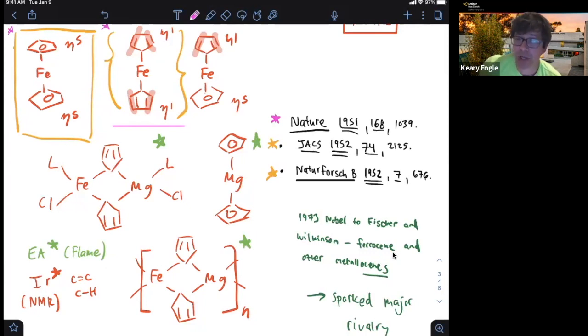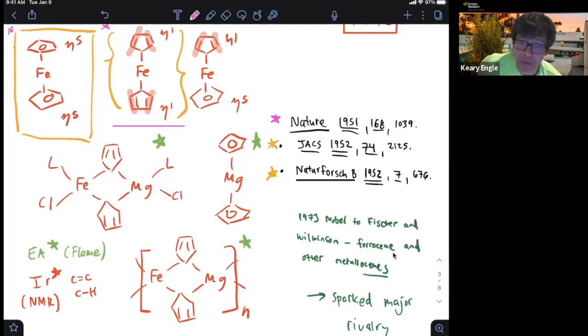And those two teams were one in Germany led by Fischer, and one in the States, at Harvard, led by Geoffrey Wilkinson and R.B. Woodward. And some who are familiar with Woodward's career will know that one of his major contributions is structural elucidation through combination of IR and UV-vis. And so it's interesting to see him collaborating with Wilkinson to apply those skills to this particular problem.